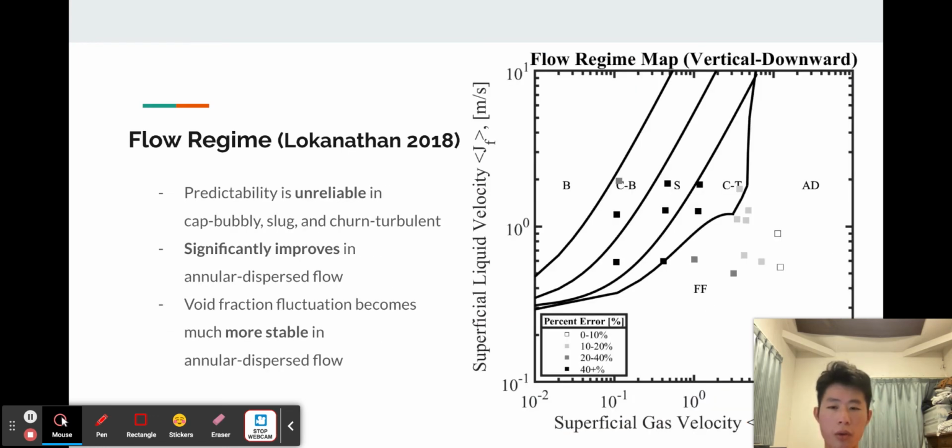Again, this is compared with the flow regime map by Lokanathan in 2018. The predictability is very unreliable in churn bubbly, cap bubbly, slug, and churn turbulent. As you can see, it's a much clearer relationship here, and it significantly improves in the annular dispersed flow.